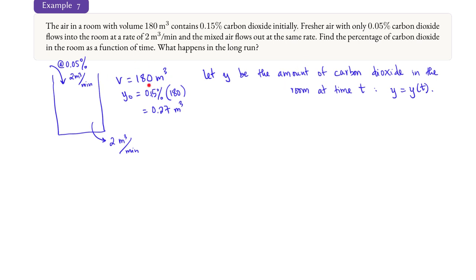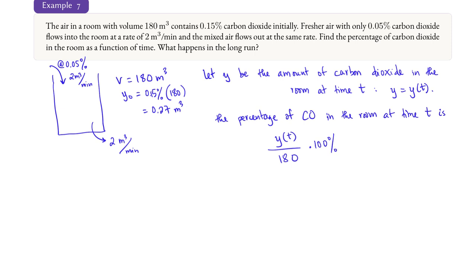This is the amount of carbon dioxide in the room initially. The volume of the room is fixed at 180 cubic meters, and so the percentage of carbon dioxide in the room at any time is the amount of carbon dioxide y(t) over the volume times 100%. This is 1 over 180 y.